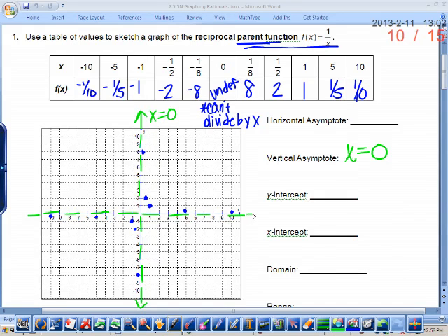Dotted line, label with the equation. Now you can connect your points. Those asymptotes act as magnets. They pull the graph towards them.